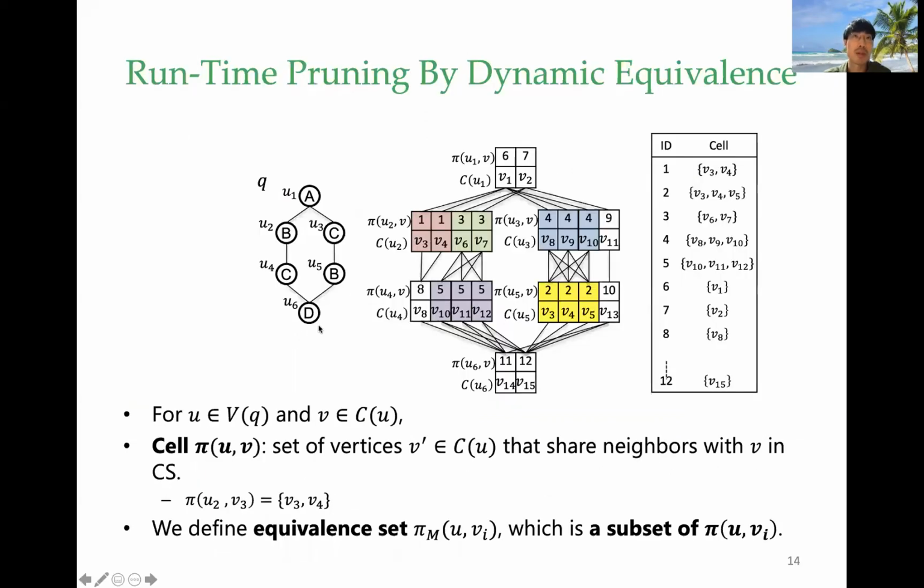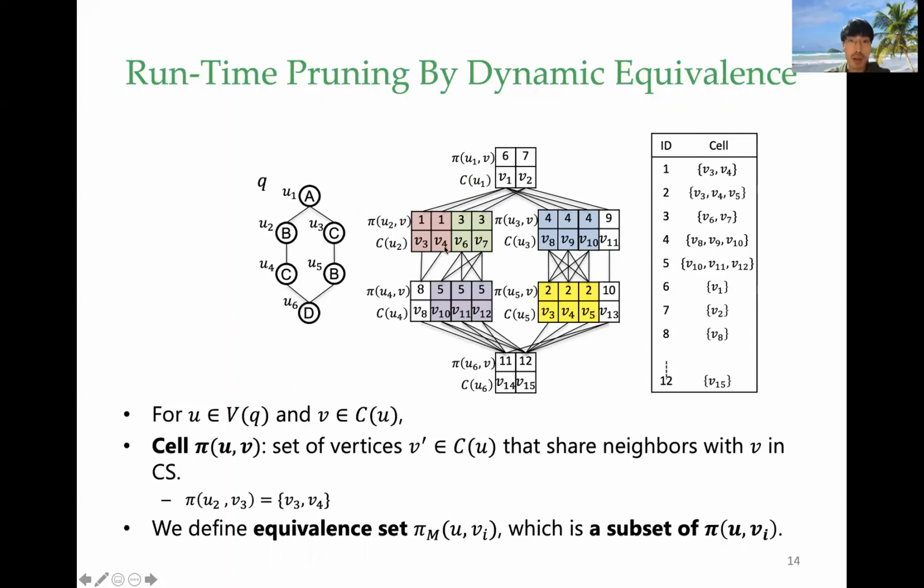For example, let's say we are given this CS, and for every query vertex and every candidate vertex, we define a cell, which is a set of vertices that share neighbors. So for example, V3 and V4 in U2's candidate set share exactly the same neighbors in CS.